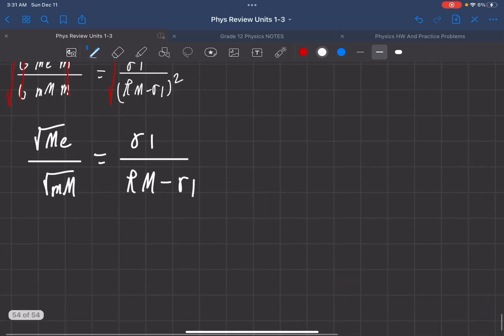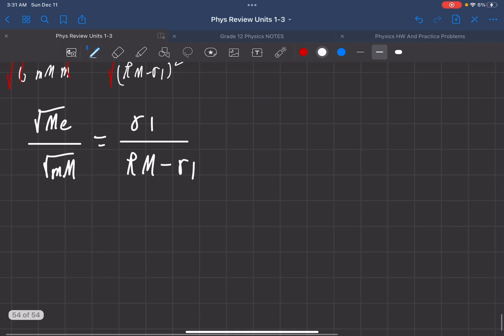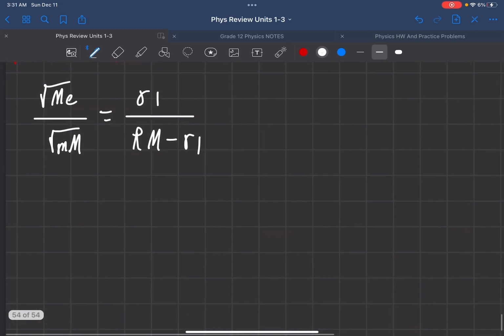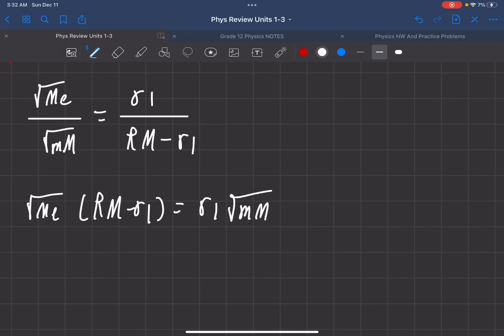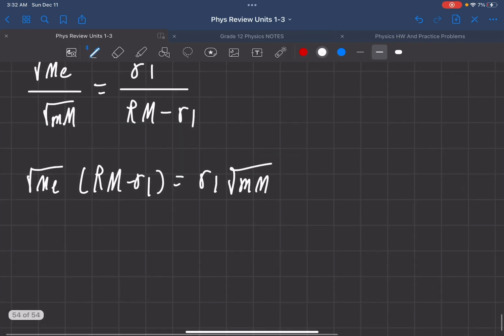Okay, so from here, let's cross multiply again. So root M_E times R_M minus R1 is equal to R1 times root M_M.